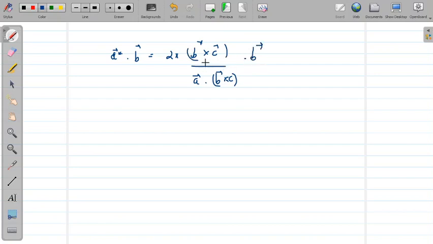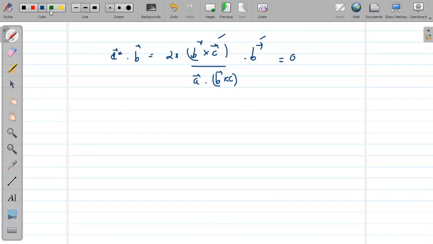So in the numerator you have two vectors. One vector is B cross C and the other is B bar. You know from vector analysis, B cross C is perpendicular to both B bar and C bar. So you have to take the dot product between a vector perpendicular to B bar and B bar. The dot product of two perpendicular vectors is 0. So the final answer will be 0.